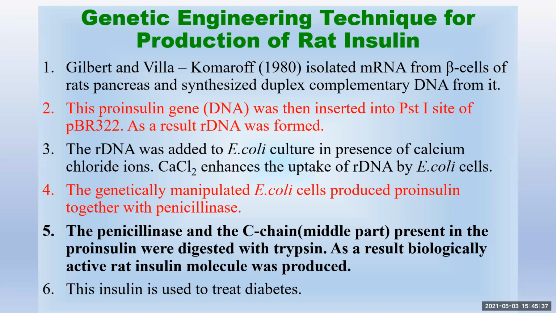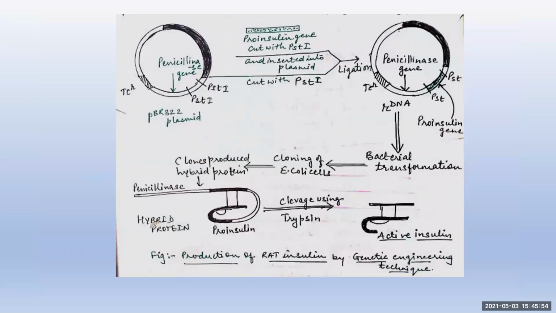The penicillinase protein and the middle part of the pro-insulin, that is the C chain, were removed by the action of the enzyme trypsin. As a result, biologically active rat insulin was produced. This also was used to treat diabetes. Okay, so you can see in this diagram the pBR322 plasmid having the penicillinase gene. There is a PstI site, and the pBR322 is cut open there, and the pro-insulin gene is inserted between the PstI sites.